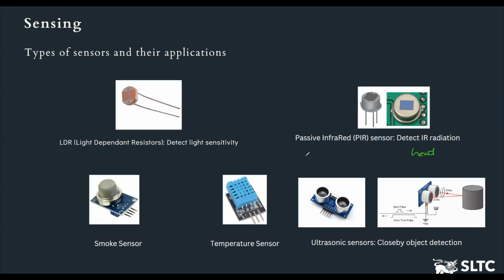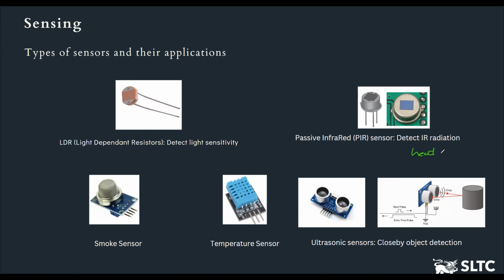So these PIR sensors are known to detect the existence of humans or animals in a certain area. So that is one application. They can be used for fire alarms, thief detection, and so on.